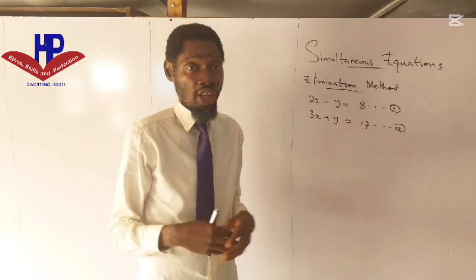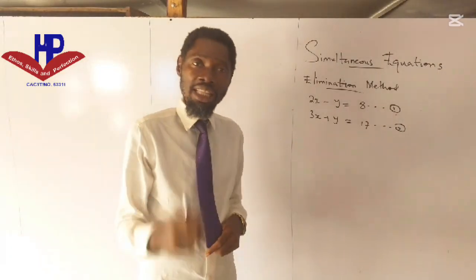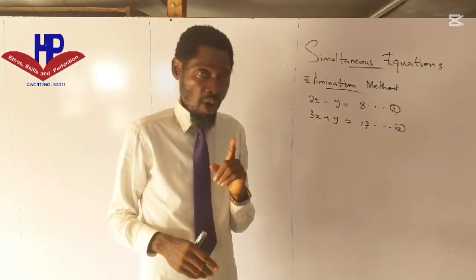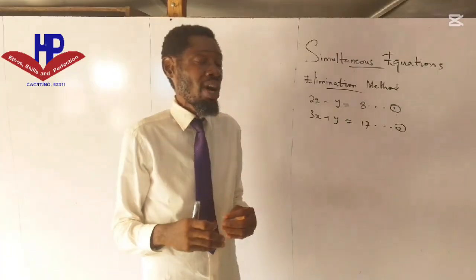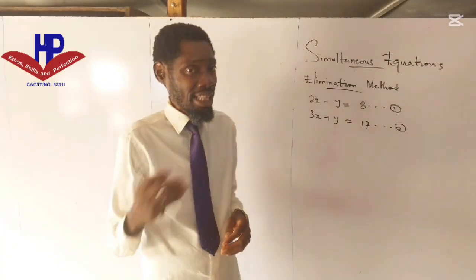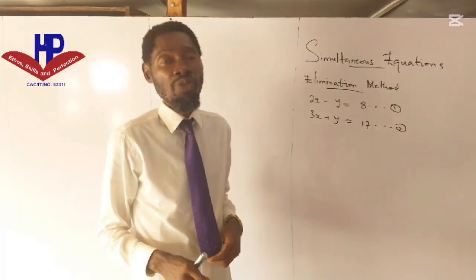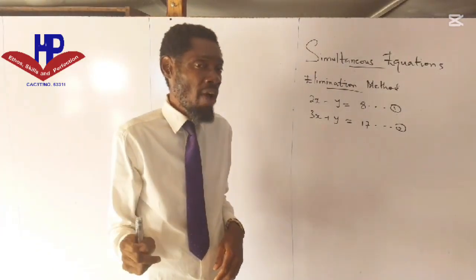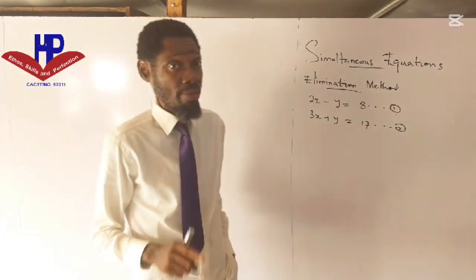I hope you know what a coefficient is. A coefficient is a number attached to a letter by times or division. So if I ask you, in 2x, what is the coefficient of x? You tell me 2, because 2 is attached to x by times.